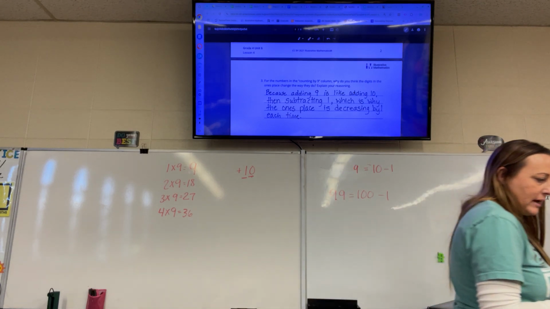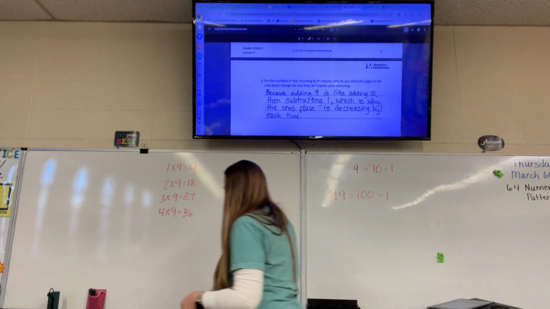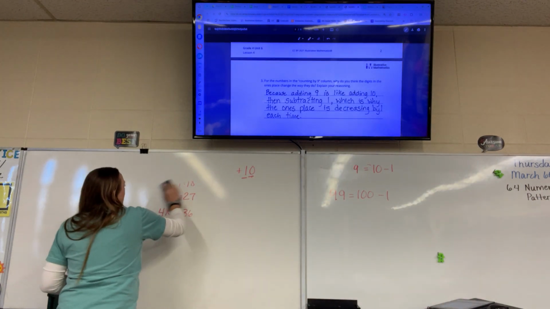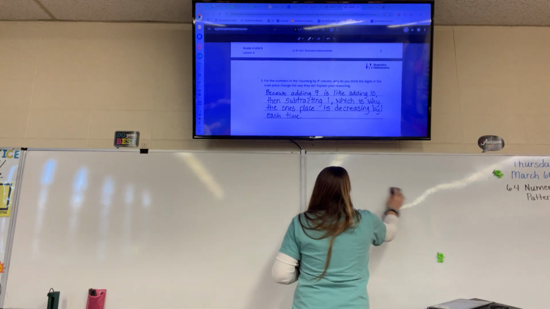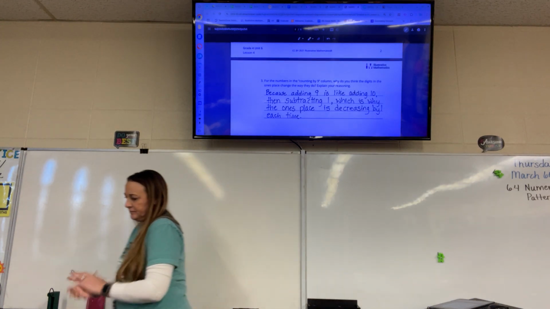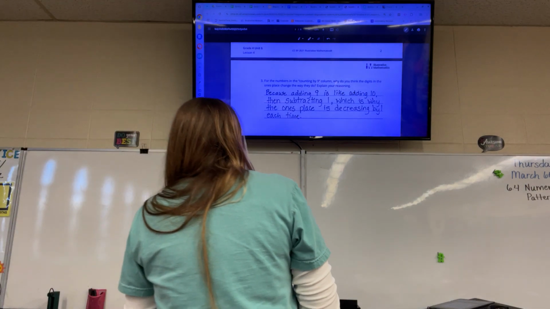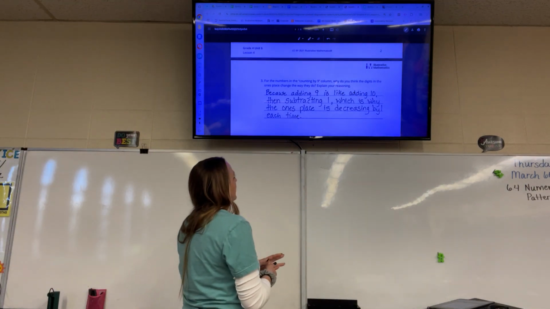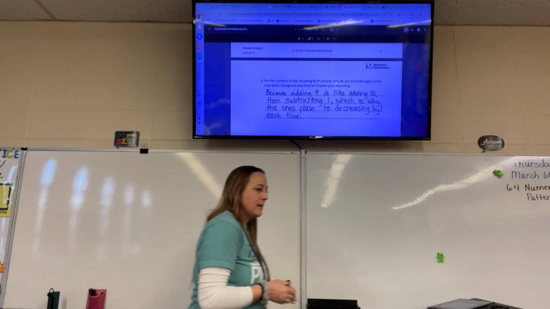So that's what you're going to write on this next page. Like I said, there's a lot of writing today, but normally we don't have a ton of writing in our lessons. Because adding 9 is like adding 10, then subtracting 1, which is why the ones place is decreasing by 1 each time.